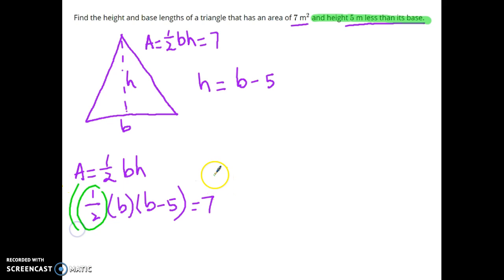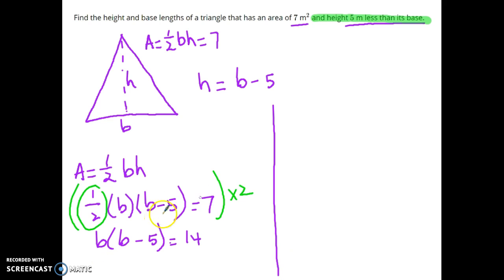By multiplying a half by 2 I get 1, and I'm just left with b outside of b take 5, and 7 times 2 is 14. Expanding the brackets, I'm going to have b squared take 5b equals 14, and then putting everything over onto the left hand side, minus 14 equals 0.